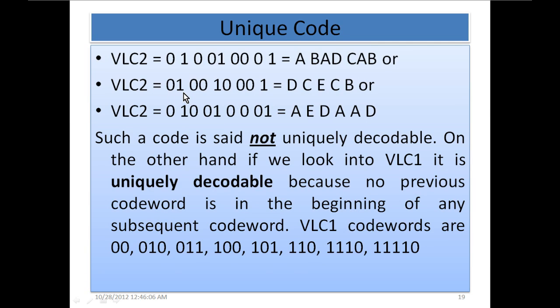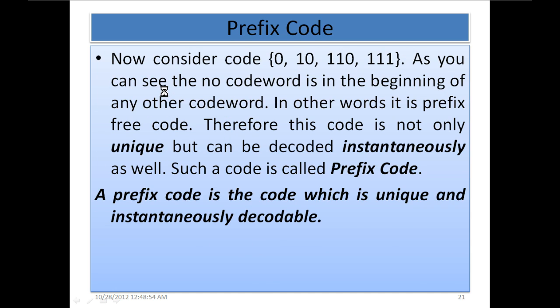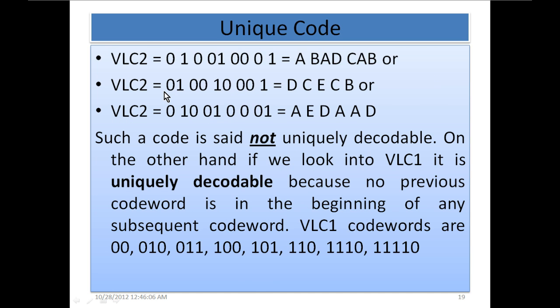There is another possible combination, that is, the decoder assumes that this 0 and 1 are together. Instead of being separate, they are together. If the decoder makes this mistake, then it will decode this 0 1 as D instead of as A and B, and again make a mistake and decode this 0 and this 0 1 separately.